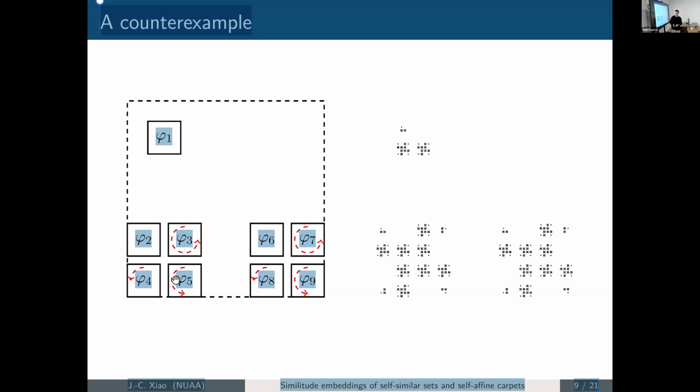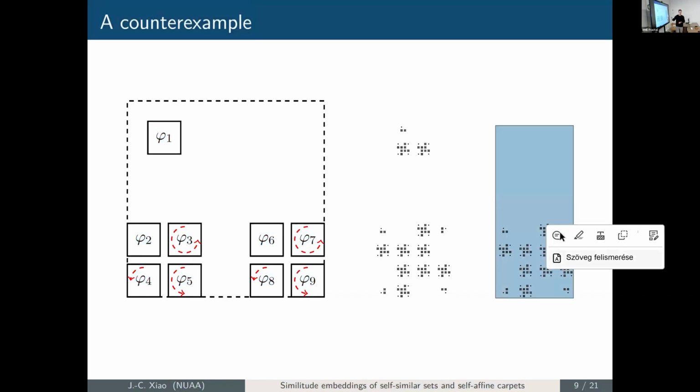For the red arc, the orthogonal part is a counterclockwise rotation by 90 degrees, and this is a clockwise rotation by 180, and this is just 270. The right corner part is exactly the same as the left one, so they are just replicas of each other. And after several iterations, the self-similar set looks like this. The embedding just maps the whole self-similar set into this particular part.